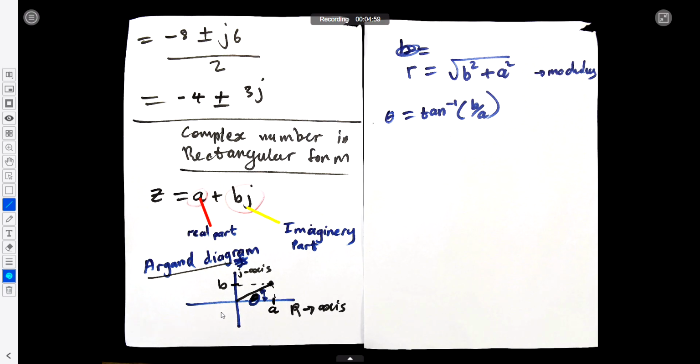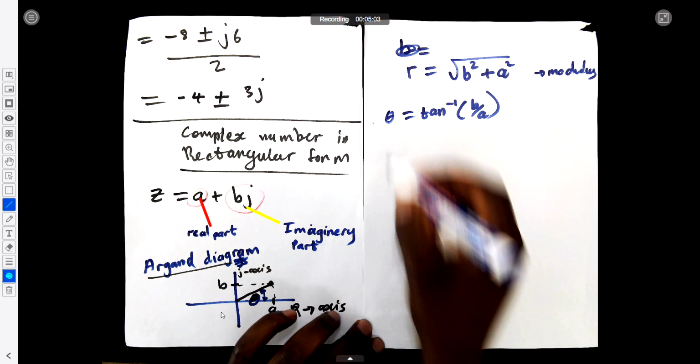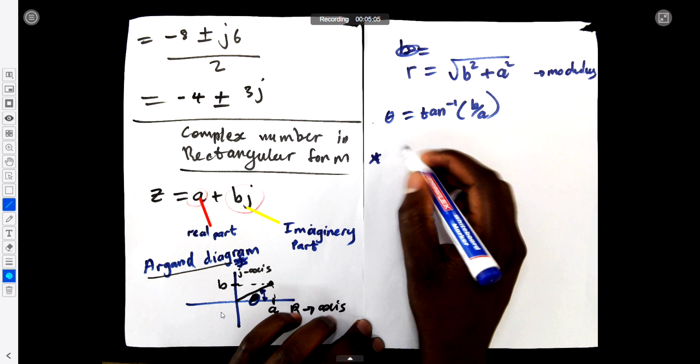There are notes that I want to put for theta.